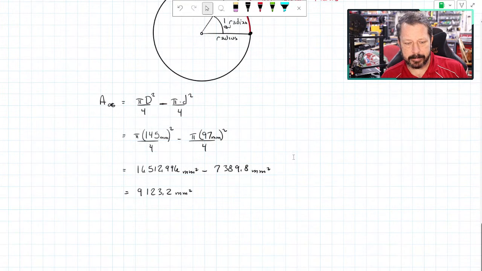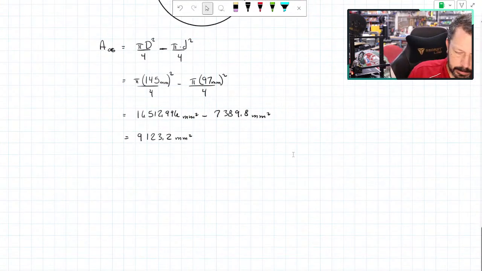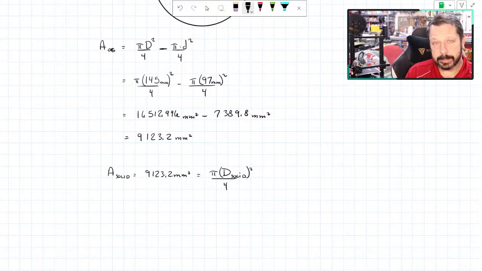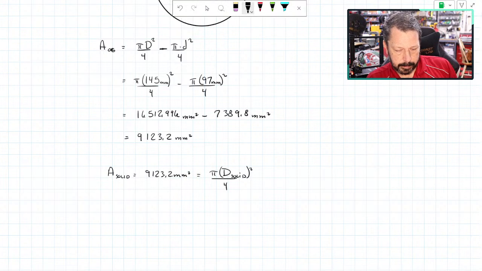We want that same amount of area, but as a solid circle. So the solid area, 9,123.2 millimeters squared, equals pi times the solid diameter squared over 4. We can solve for the solid diameter: multiply by 4, divide by pi, and then take the square root.